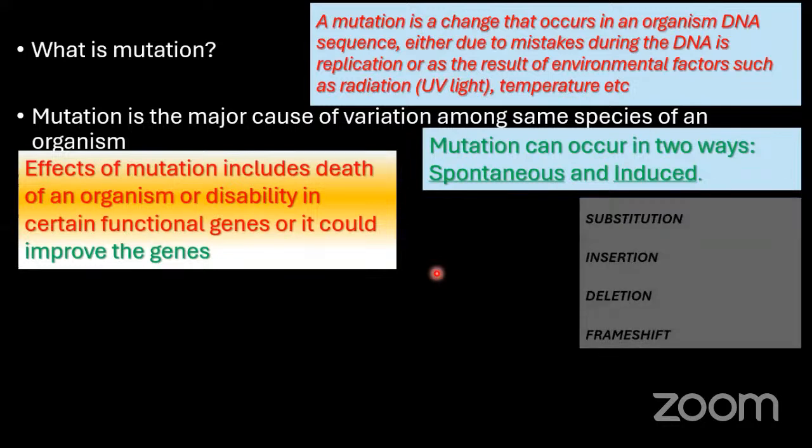Now, we have types of mutations. We have the substitution, we have the insertion, we have the deletion, and we have the frame shift. These are types of mutations that have been observed in organism cells, and they all have different significance.